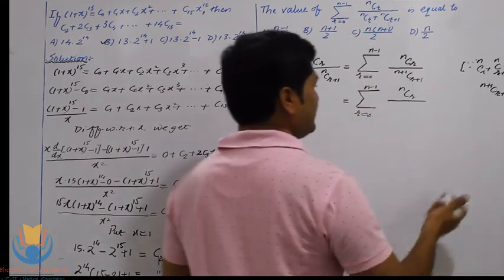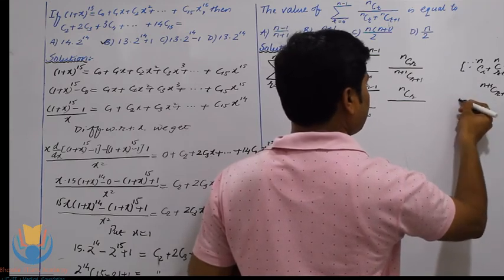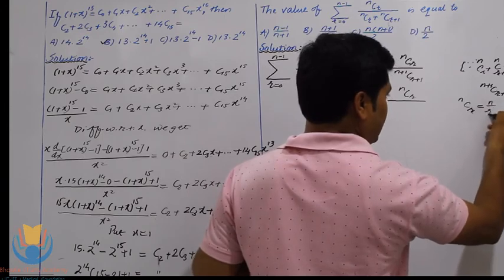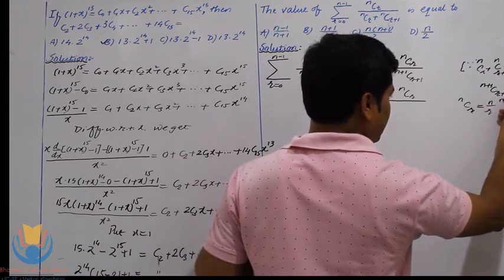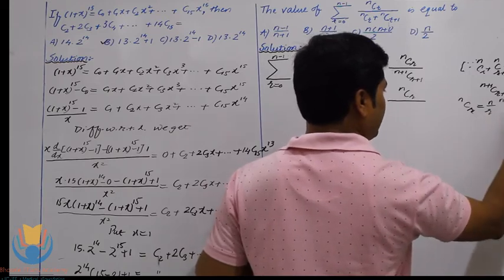So that formula is nCr can be written as, I can take this n by r as it is, and for that I have to decrease the value of n by 1 and I have to decrease the value of r by 1.